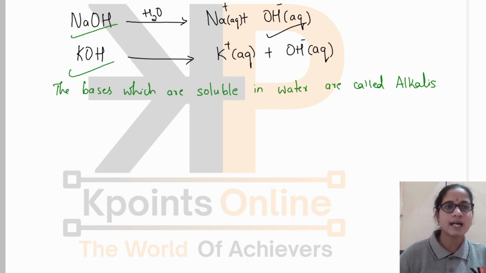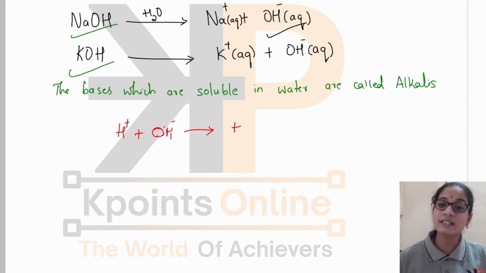Okay. Now we have understood that H plus ions are produced by acids and OH minus ions are produced by bases, which will result in the formation of water. Yes, we have studied in the neutralization reaction that acids and bases react with each other to form salt and water. Where does that water come from? It is due to the hydrogen cation from the acid and the hydroxide anion from the base. Okay, this has resulted in the formation of water here.